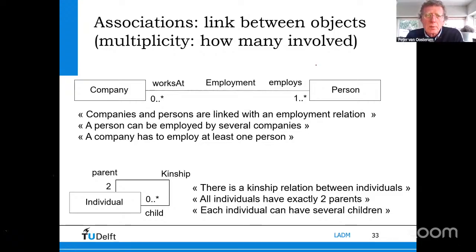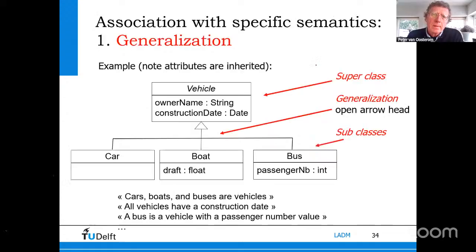And the association can be named, so you know what the association is documenting. A special type of association is generalization, where you have a superclass and subclasses. You can add more detail in the subclasses, which inherit everything from the parent or superclass.